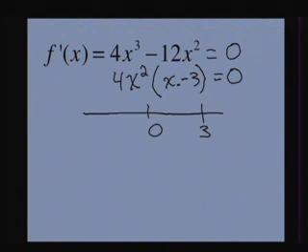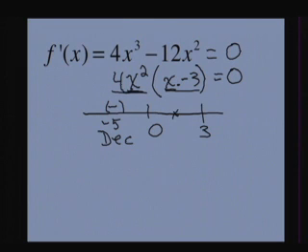We need to check out less than 0, so pick some number out here like negative 5. When we plug that in for x here and here, this, of course, will be positive. This will be negative, which tells me that in this interval the first derivative is negative, and therefore it's decreasing. In this interval right here, pick something like negative 1.